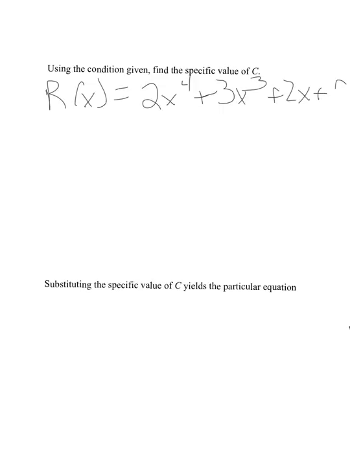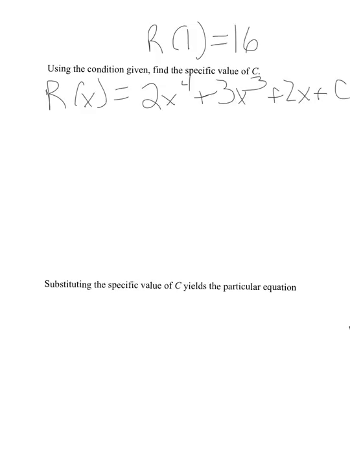So I'm going to take my function, and since they used an r, I'm going to say r of x is equal to, and the function we came up with was 2x to the fourth plus 3x to the third plus 2x plus c, right? And here was the information that they gave us just a moment ago that we haven't used yet, that was that r of 1 was equal to 16.